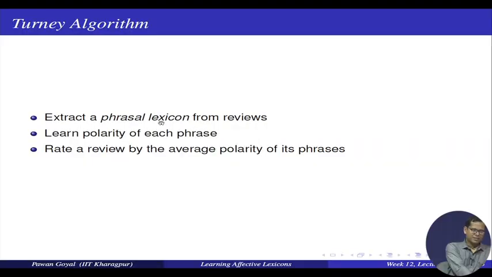So let us see how they did that. You first extract a phrasal lexicon from reviews, and then try to learn polarity for each phrase. Once you have learned the polarity, you might go to the next task, that is, find out what will be the rating of this review. Suppose it's plain text, there is no rating. You can use the sentiment from the phrases in the review to give a rating to the review, whether it's a positive review or negative review.